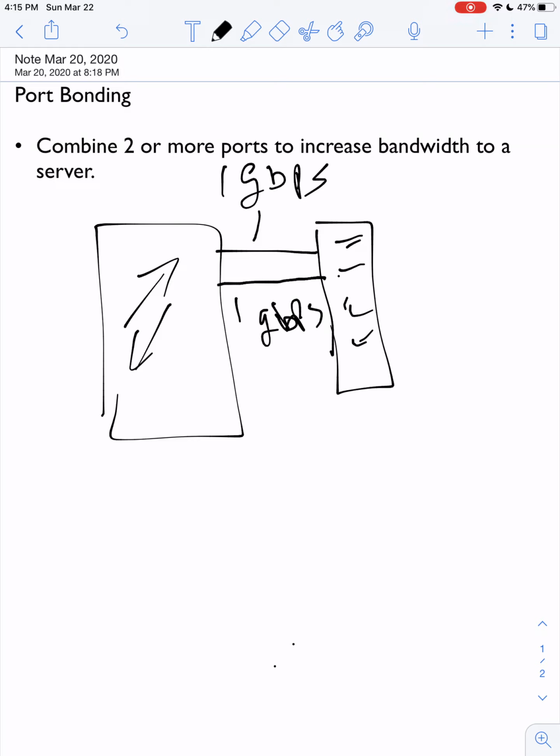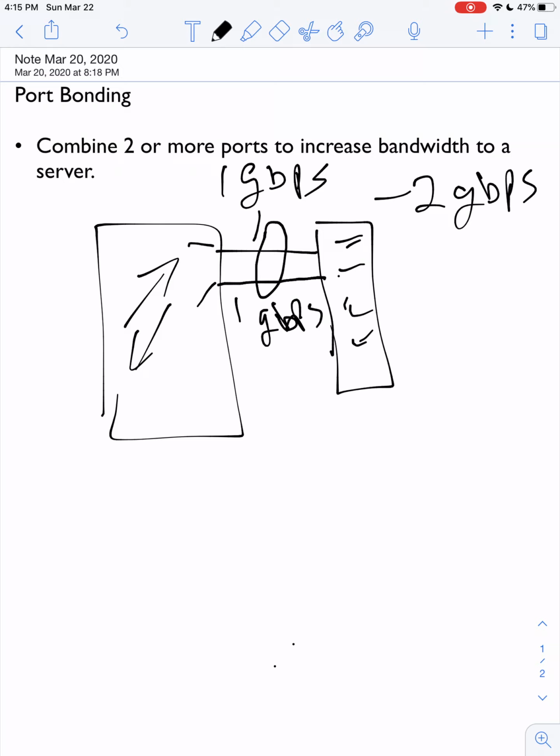Now, in normal circumstances, before port bonding, this would have IP address 1 and this would have IP address 2. Well, with port bonding, we actually take these and we combine them to give us an effective bandwidth of 2 gigabits per second.